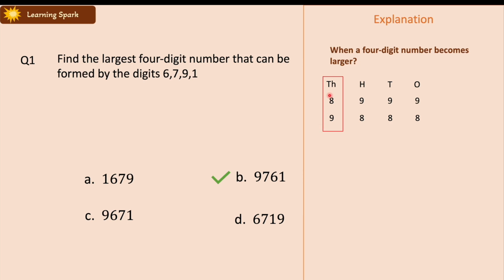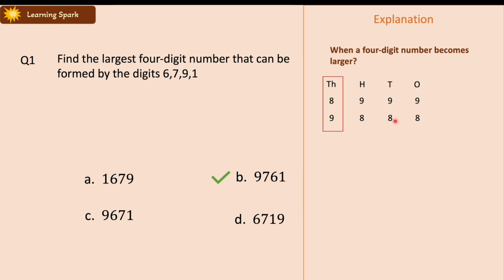Okay, let's take an example to prove this. 8999 is one number and 9888 is the second number. Of these two, which one is the largest number? Of course 9888 is the largest number, right? But if you see, in the ones place, the larger digit is in the first number.